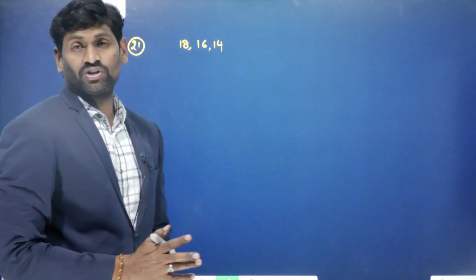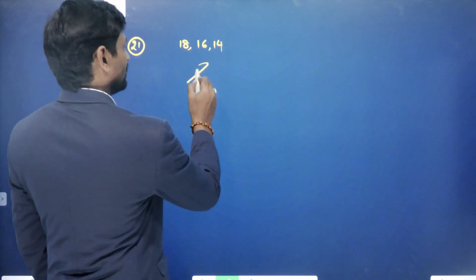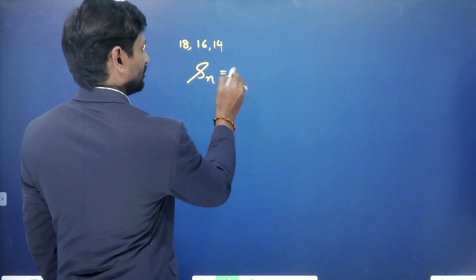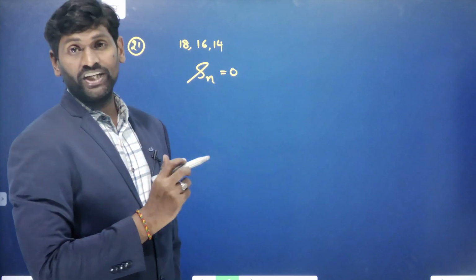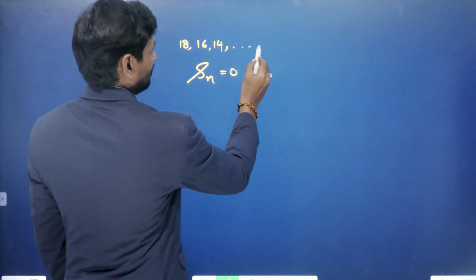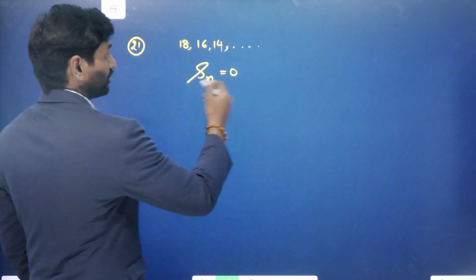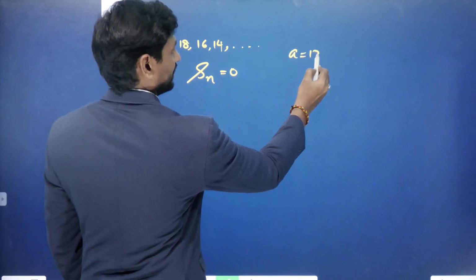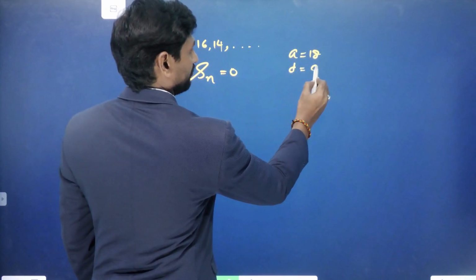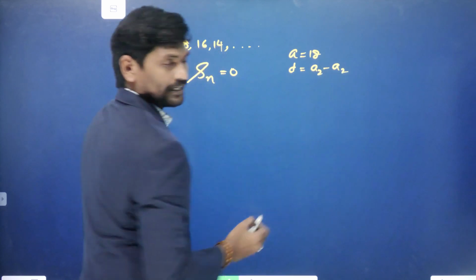Their sum is 0 means the Sn value is 0. How many terms are there? We don't know how many terms there are, but we know the first term. The first term is 18.